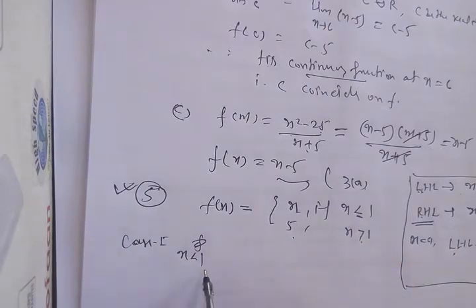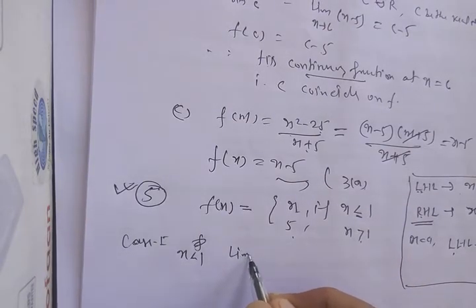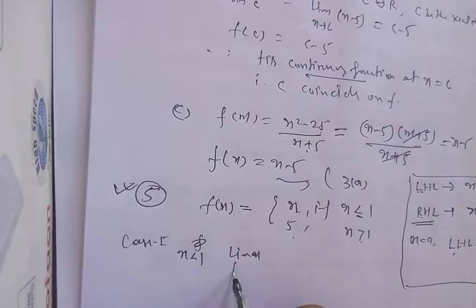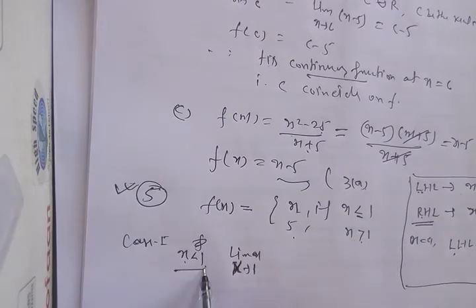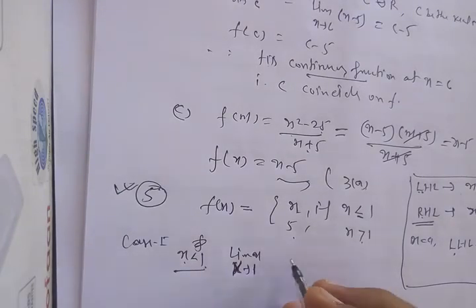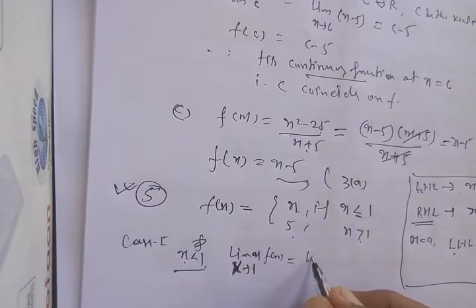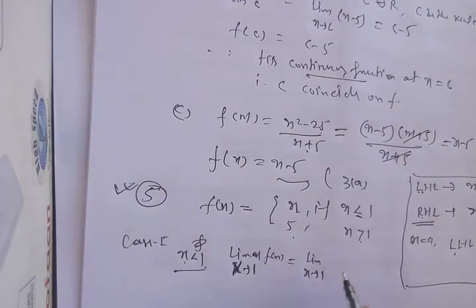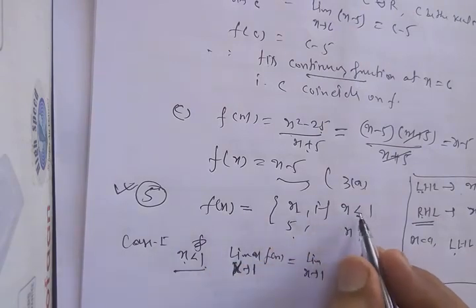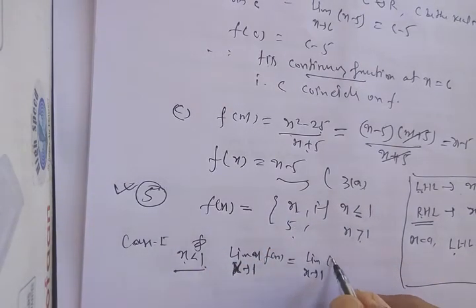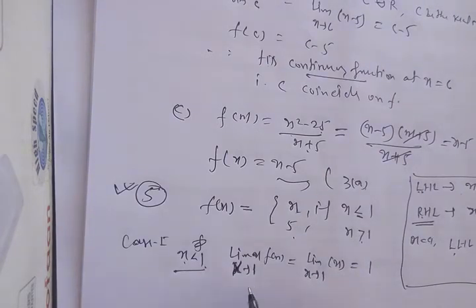Limit as x tends to 1 from the less than side of function of x is equal to limit x tends to 1, putting x equal to 1, and the function of 1 equals 1.